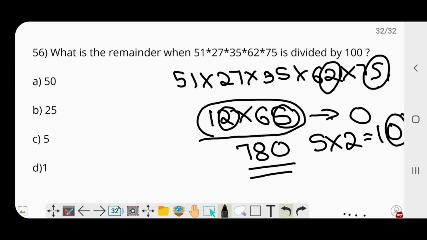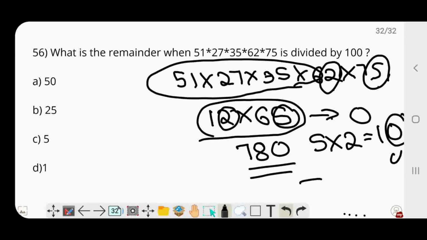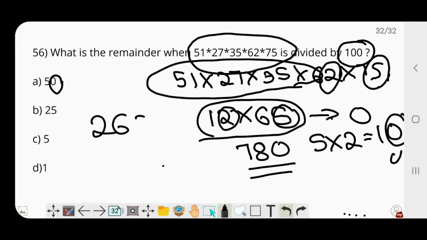And once you get this 0 in the units place, you multiply it by any number, and the resultant product would have 0 in its units place. So when this particular number is divided by 100, the remainder should also have 0 in its units place. Say I have a number called 2630.